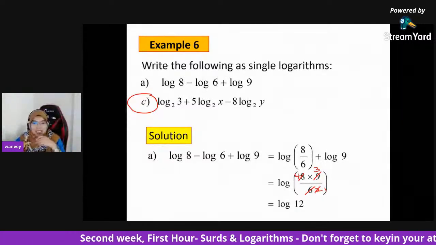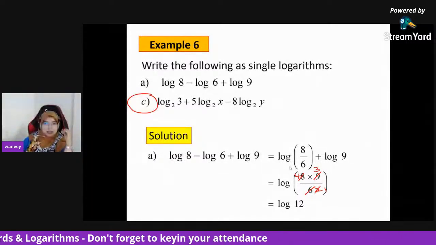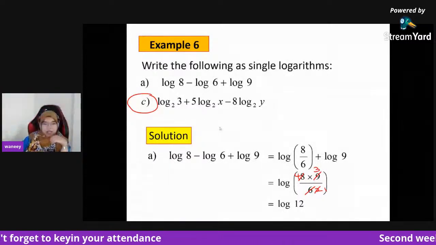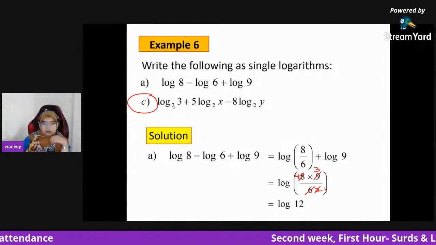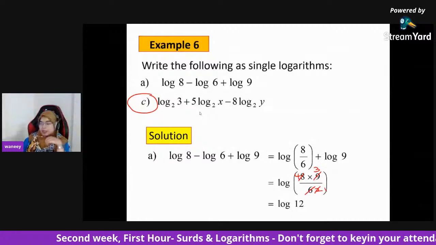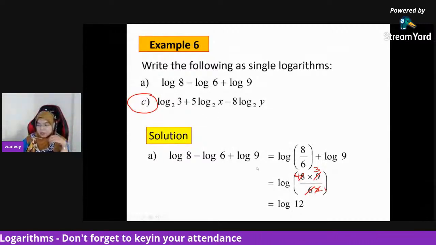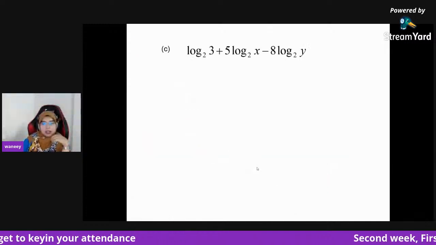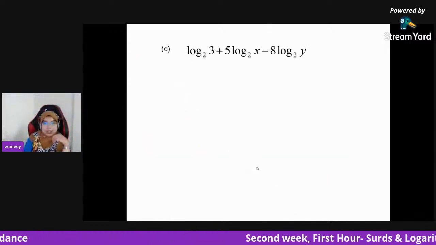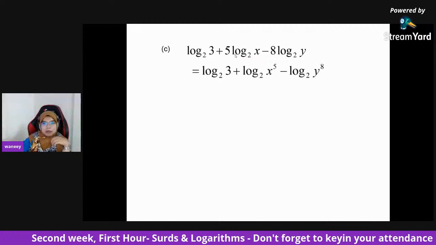Okay, so now let us check. Okay, so let us check the base. So this is 2, 2, and 2. So that means all of them are having similar base. So we are good with similar base. Okay, so now I have some number in front of the log. So let us bring them up.